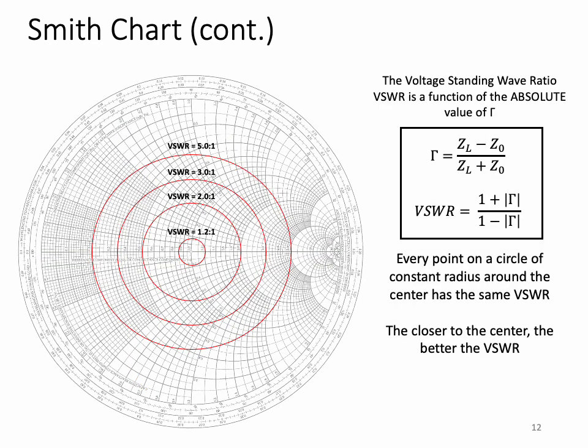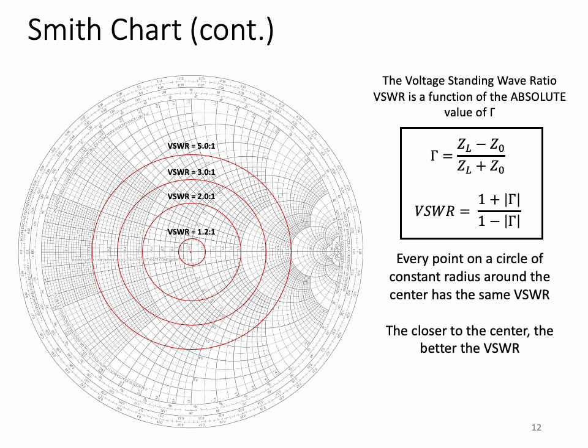One very important aspect of Smith's conformal mapping is that the voltage standing wave ratio is constant for any impedance which lies along a fixed circle around the origin. This can be seen from the relationship for VSWR in terms of the reflection coefficient gamma. It can be shown that VSWR is equal to 1 plus the absolute value of gamma divided by 1 minus the absolute value of gamma.